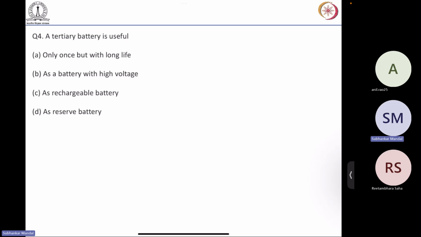So the next question is, a tertiary battery is useful only once but with long life, as a battery with high voltage, as a rechargeable battery, or as a reserve battery. What will be the answer?